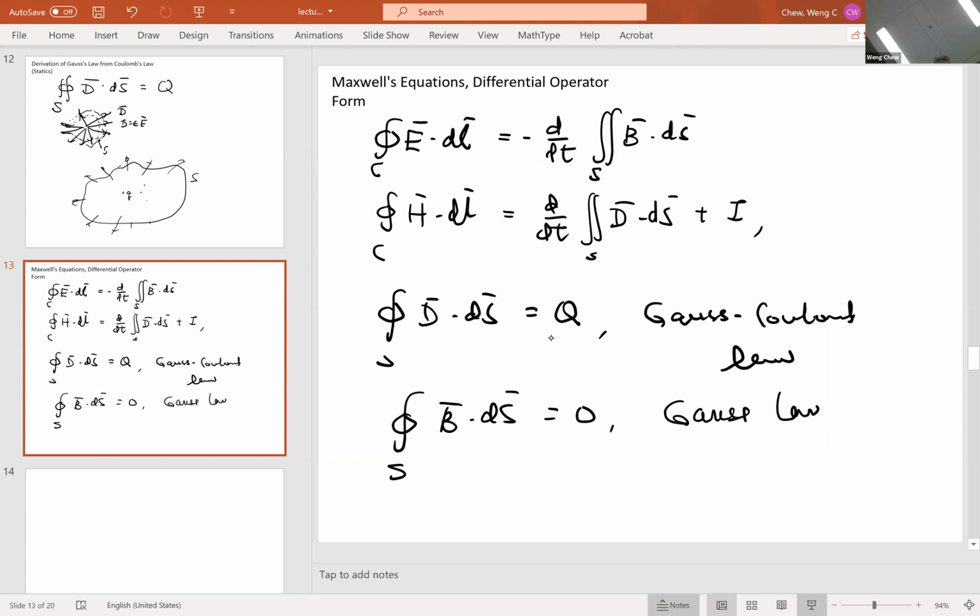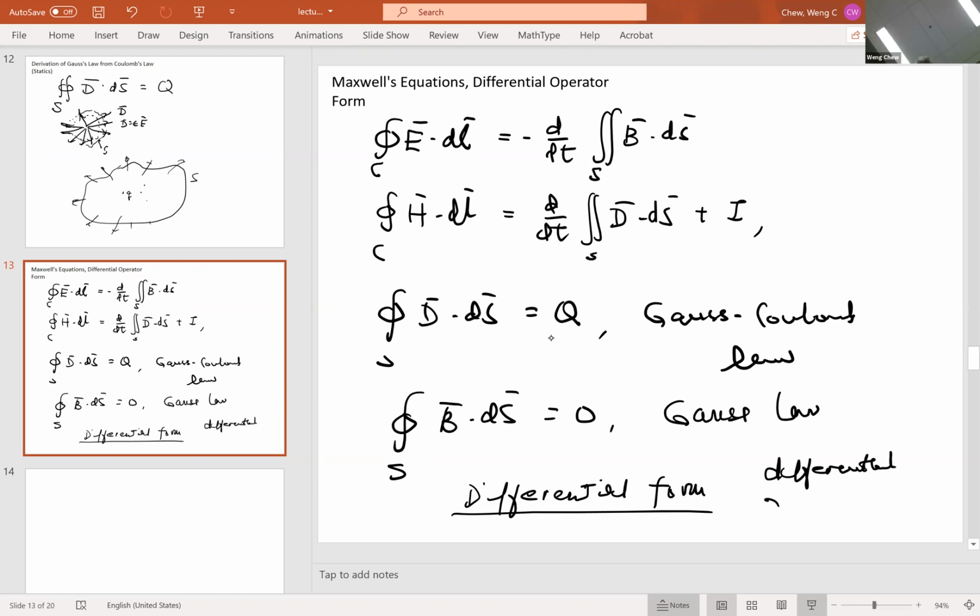I'm going to derive the differential operator form, not differential form, because differential form refers to something in differential geometry, and I do not want to confuse the two.